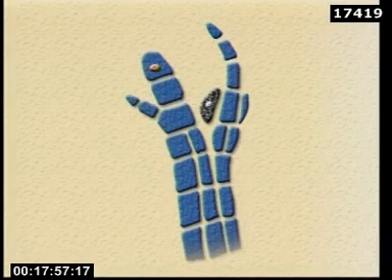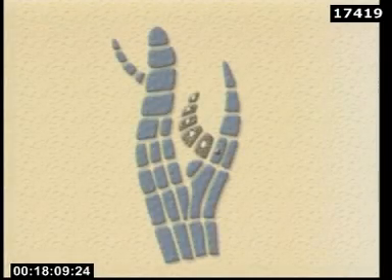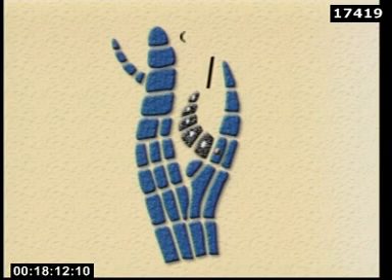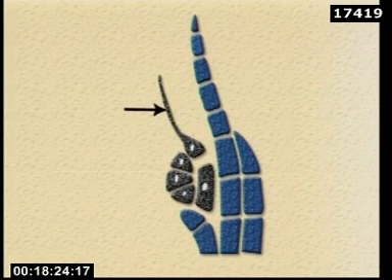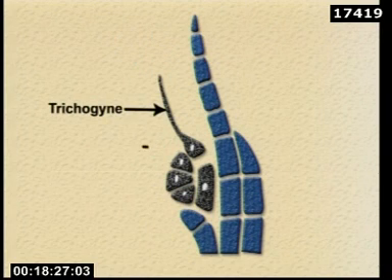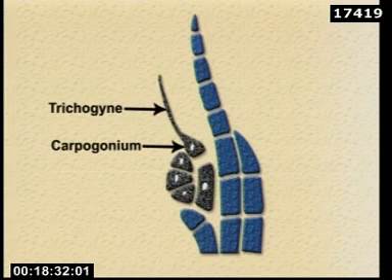One of the pericentral cells in the middle tier of the adaxial side becomes the supporting cell, which cuts off a small initial cell at its free end known as the procarp initial, which divides and redivides to form a small curved 4-celled branch known as the carpogonial filament or procarp. The end cell of the carpogonial filament functions as a carpogonium mother cell, which gets modified into the carpogonium.